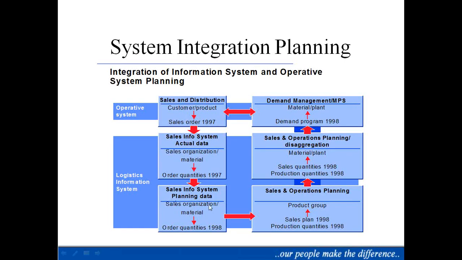If you see here, this is basically the sales information system, followed by the logistic information system, and so on. Finally, they freeze some figures for the order quantities for the year. Here he has taken the example of 1997 and is projecting for 1998.